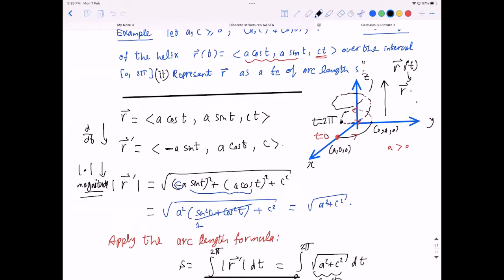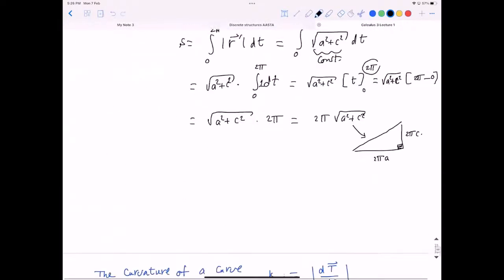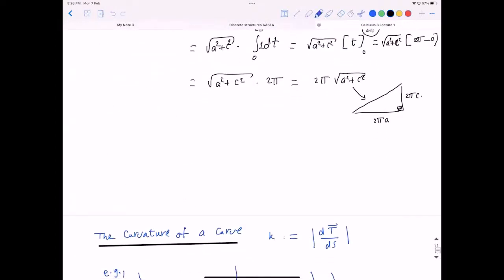We use the same arc length formula, but without this bound 2 pi. We put any general bound capital T or little t. This is easy.